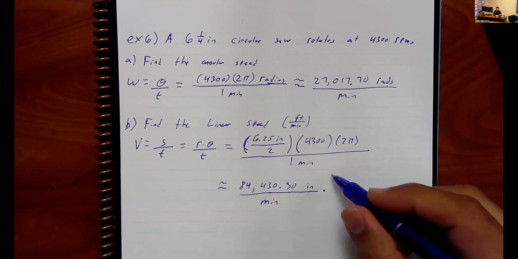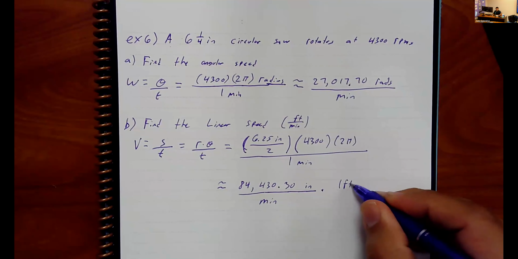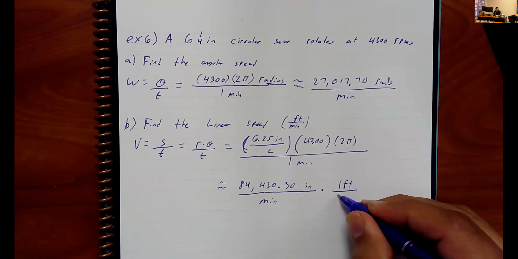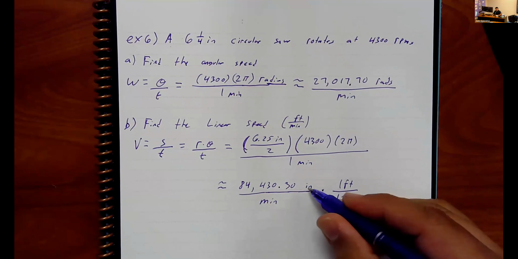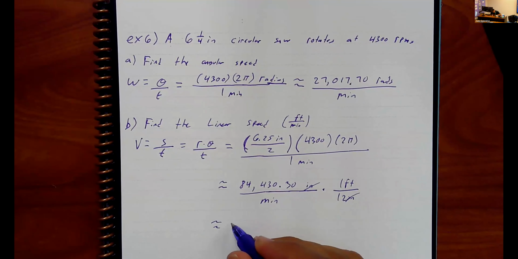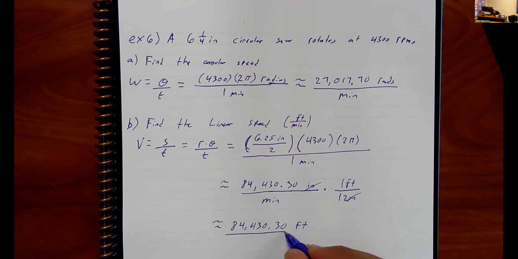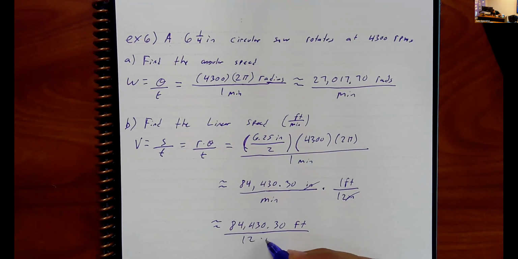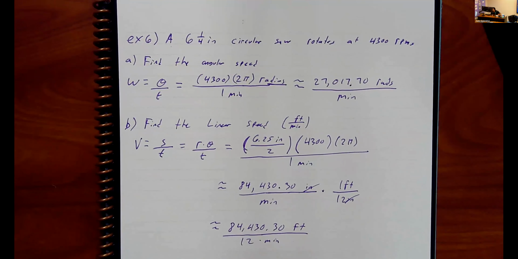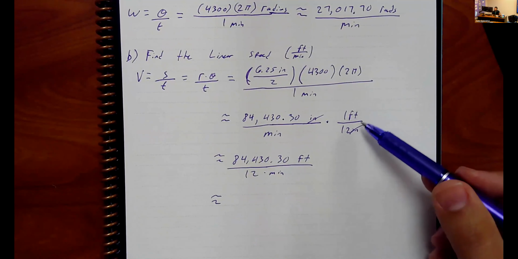If I want to cancel inches, we multiply by the conversion factor, 1 foot over 12 inches, which would cancel the inches, getting me to feet. So all I got to do to get to feet is divide by 12. And we're good. You see what I mean? The 12 comes from the conversion factor.